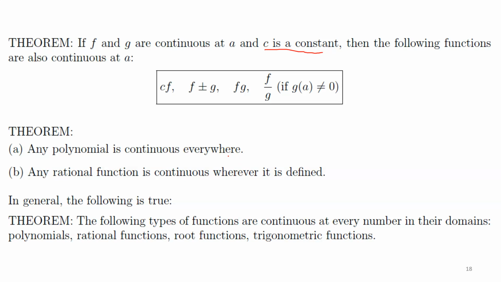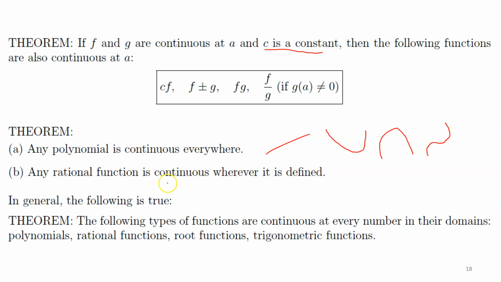Polynomials means you have straight line, you have x linear function, that one is polynomial. You have quadratic function, you have x square, x cube. The graph is either like this, or like this, or you can have a cubic line like this. This one is continuous. That's why it's continuous everywhere. Okay.